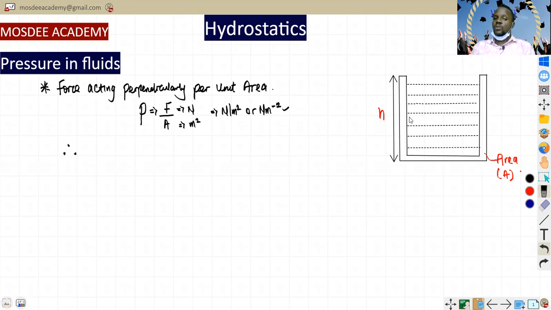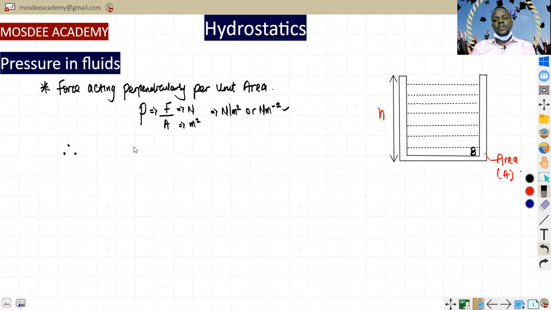But here we want to consider the pressure that is acting at the bottom of this container for the first consideration. So if we take the pressure at the bottom of this container, I'm calling this one point B, which is quite okay because P is pressure and I don't want us to have issues.